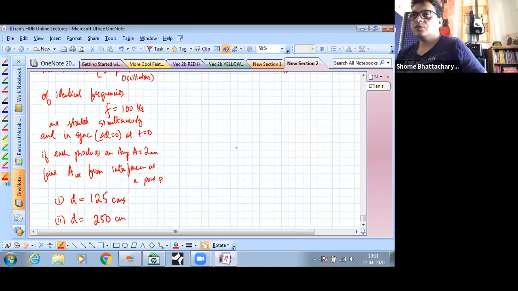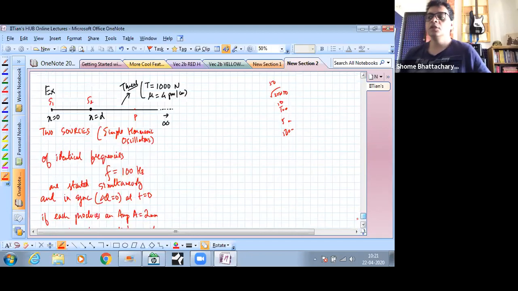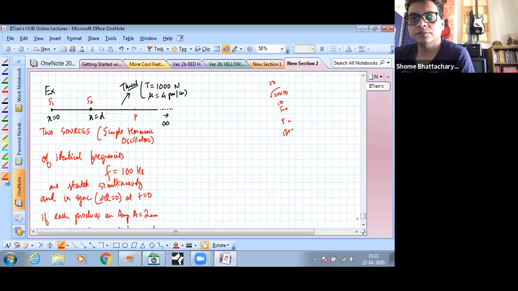Just try out this question, and through this we will understand how to get the relation between path difference and phase difference and use that in solving an interference problem. This kind of problem is going to be significant not only in this chapter but in the chapter of sound also, and of course in wave optics you have seen similar logic being used. The hint I'll give you to start this question is that there's a lot of hidden information. The source's frequency is given.